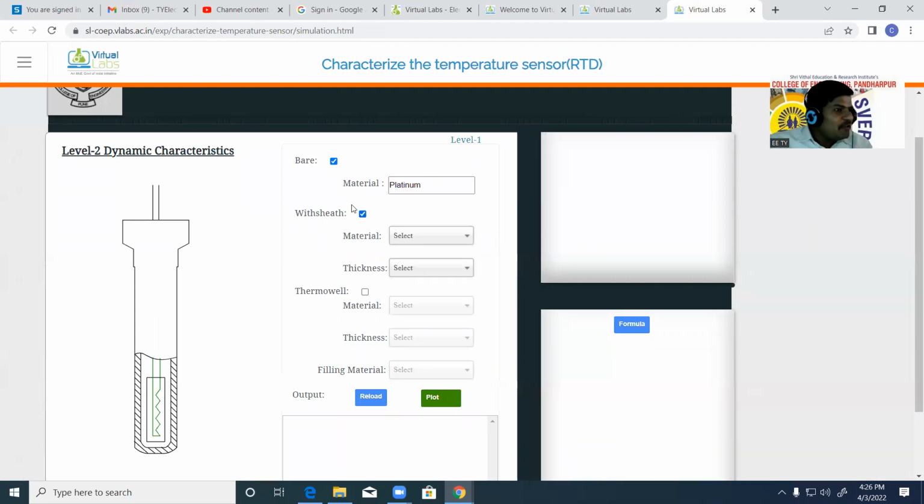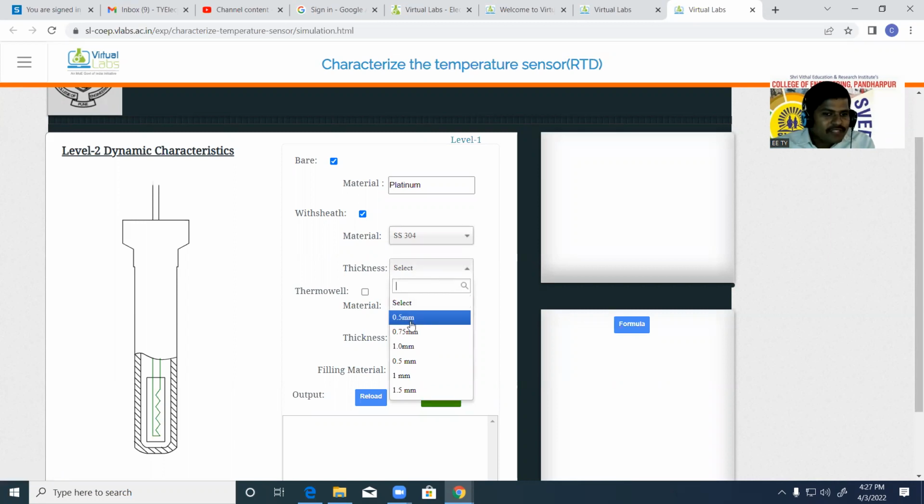Now see, we want to again select that material. So here also some standard material can be provided having a grade SS 305, SS 316. So we are selecting that SS 305. एक मटेरियल सिलेक्ट केलं. We want to select the thickness.